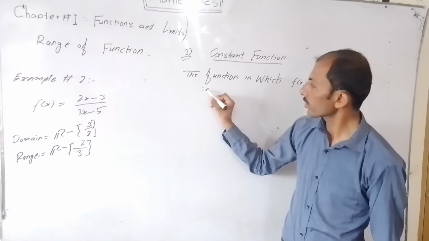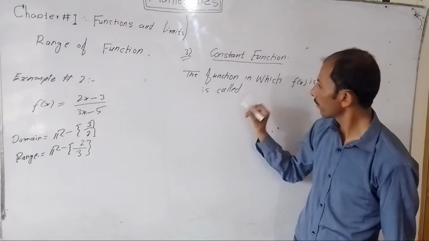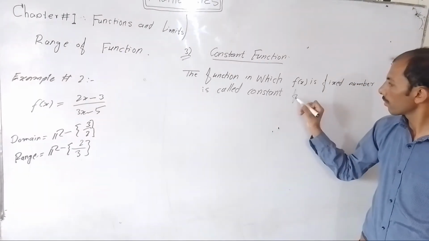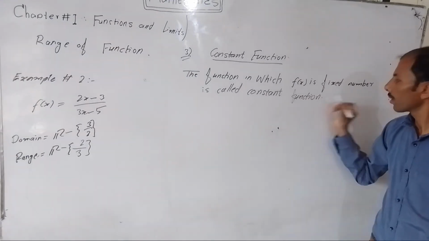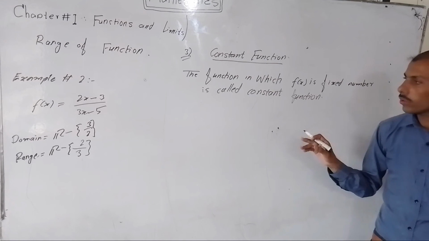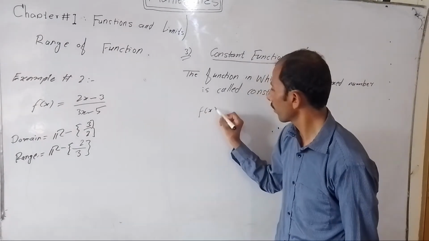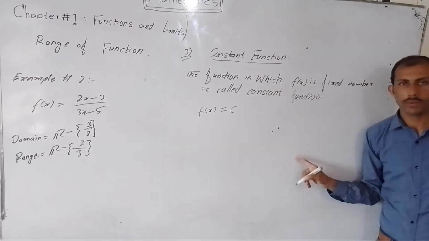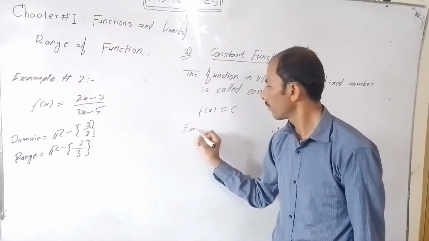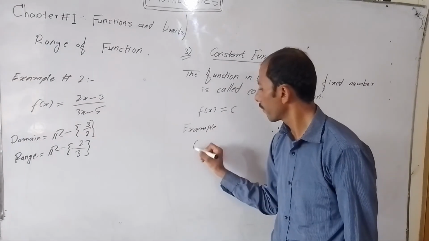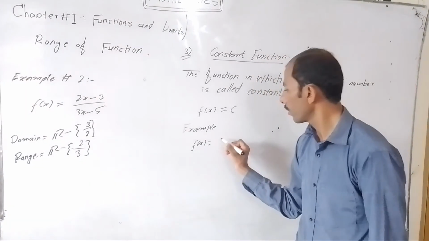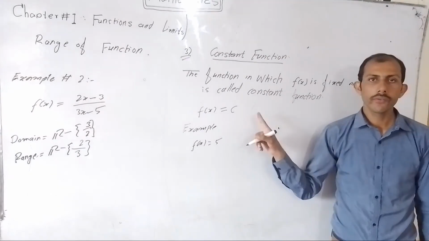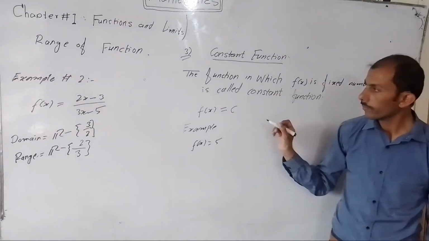It is called constant function, that is f of x is equal to c. For example, f of x is equal to 5. Constant function is a fixed number, fixed value.